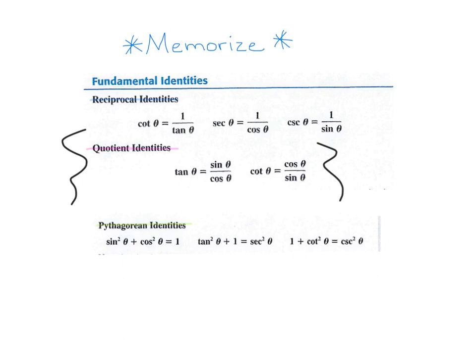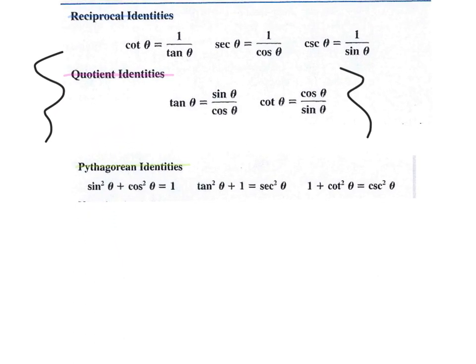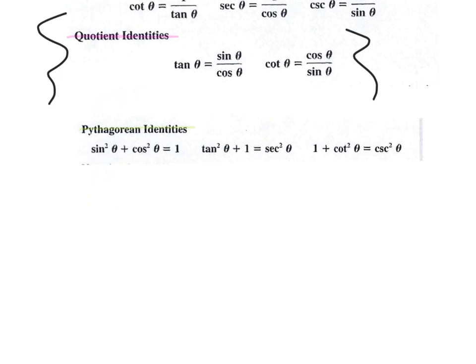Now, as far as these Pythagorean identities go, you should be able to manipulate them and solve for one piece of it. And what I mean by that is, for example, you could take the first one, and let's say instead of memorizing that sine squared theta plus cosine squared theta equals 1, what if you wanted it solved for sine squared? So what I could do here is subtract cosine squared theta from both sides.